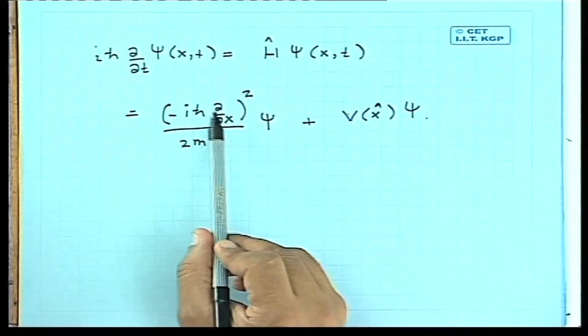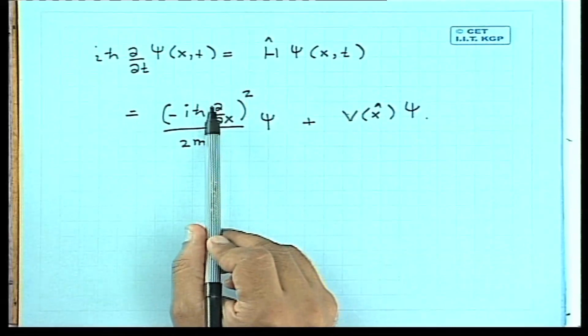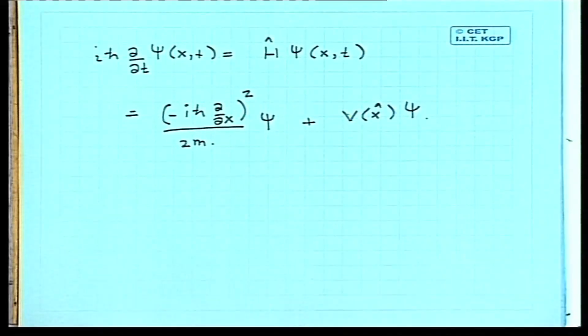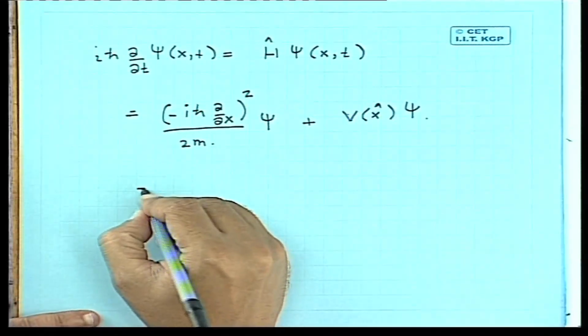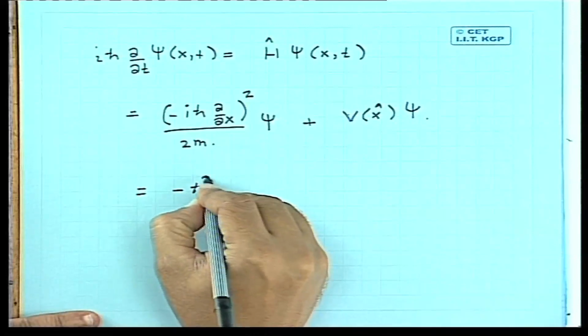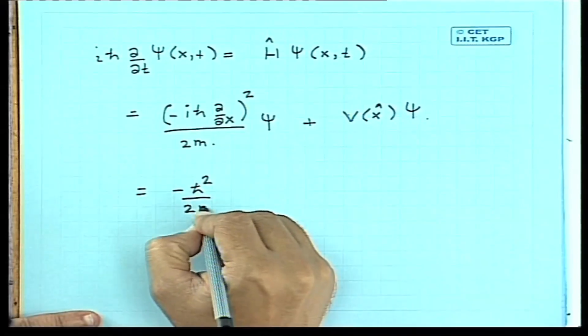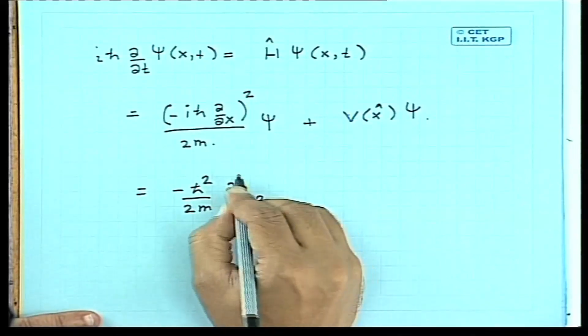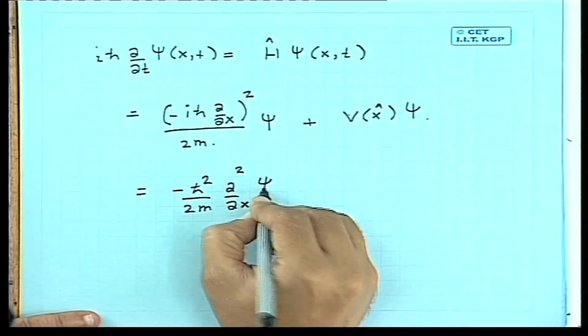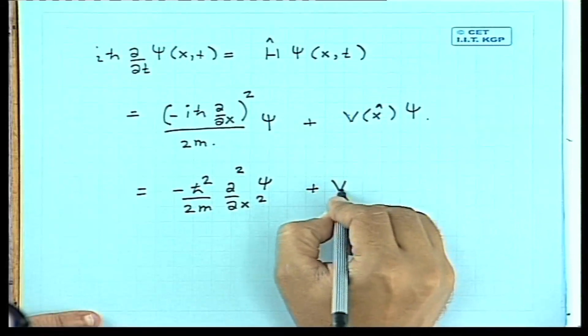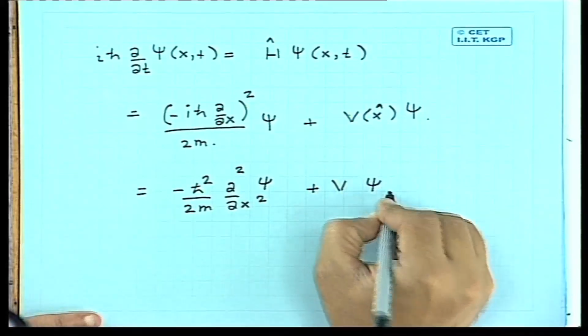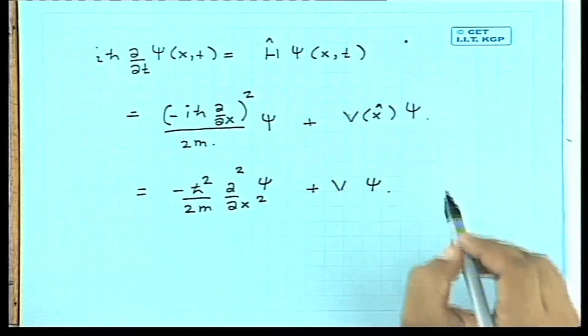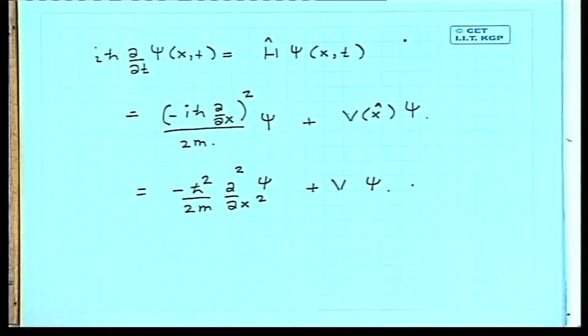In one dimension, the gradient nabla is replaced by del x, so we have minus h cross square by 2m del square by del x square psi plus V psi. So we see that this is equivalent to the Schrödinger equation.